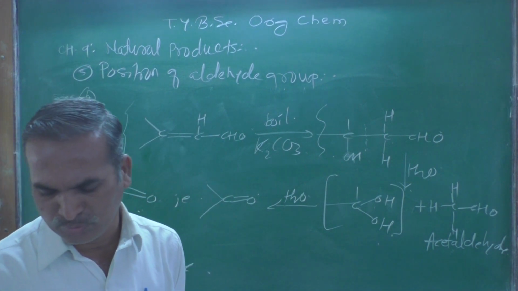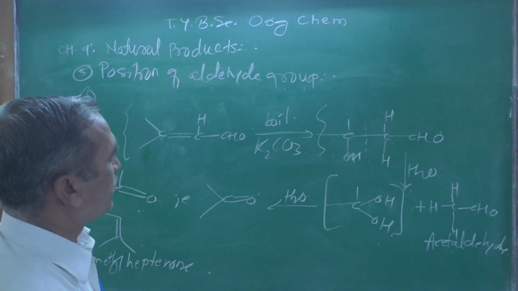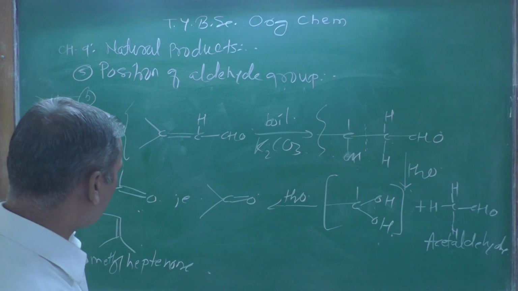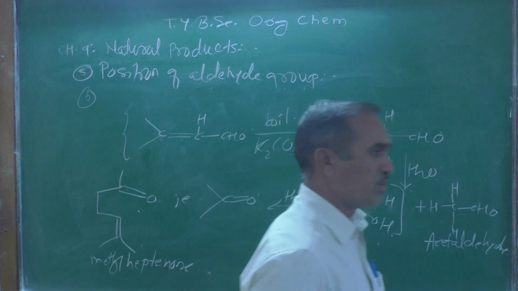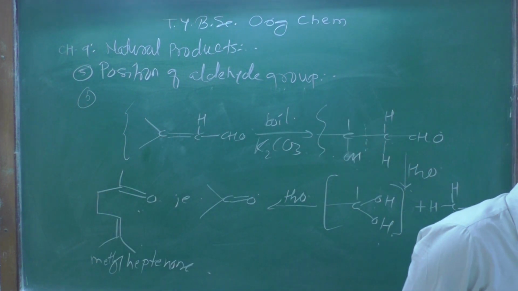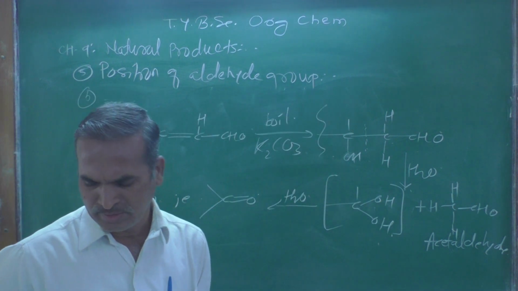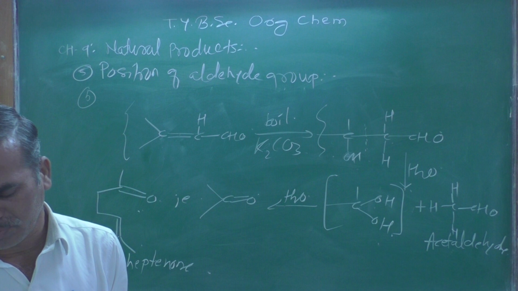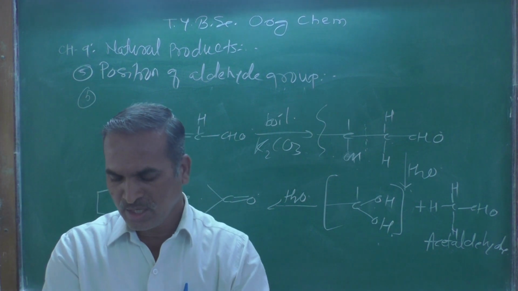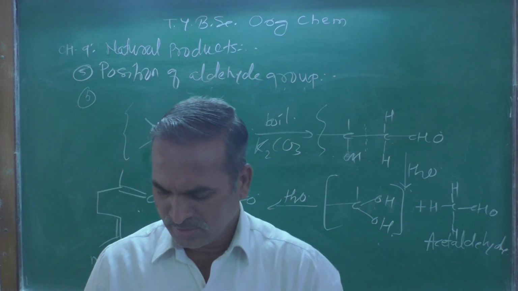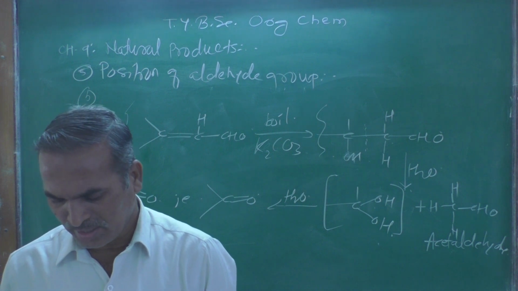So how will you prove the presence of a conjugated double bond in citral? There are two methods. By using these two methods, you can easily prove or confirm that the aldehyde group is present in conjugation, and both reactions prove that citral is a conjugated aldehyde, that is an alpha beta unsaturated aldehyde.